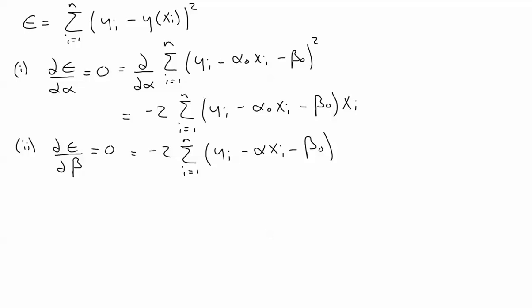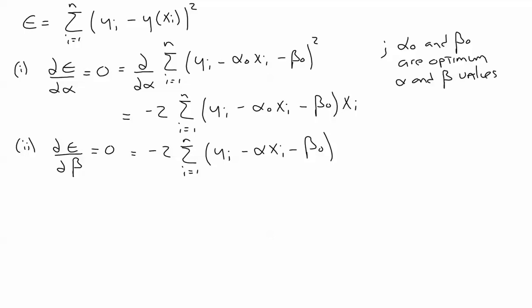Okay? So remember how you minimize a function. You minimize a function by taking the derivative and setting that derivative equal to 0. In both cases here, alpha naught and beta naught are optimum alpha and beta values.